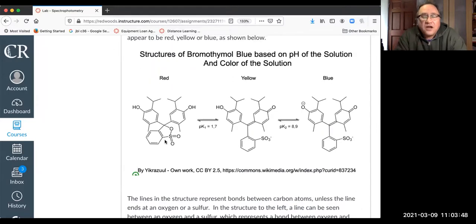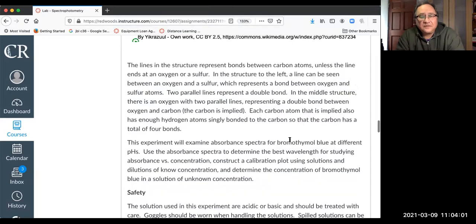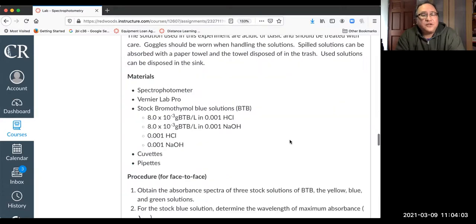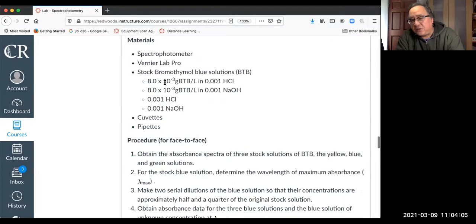Okay, so we're not going to work at a pH below 1.7 because that's pretty dangerous. So we work at this range here around pH 9 in this lab. What we do is we work with these two solutions. You can see one is in 0.001 molar HCl. That makes the pH about 3.